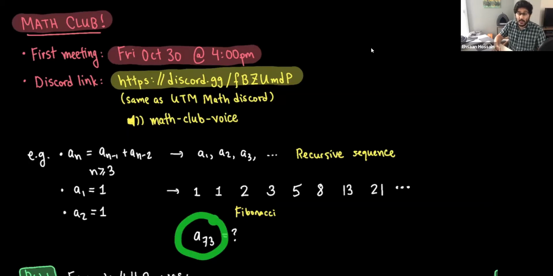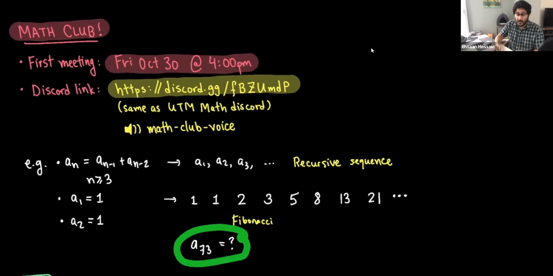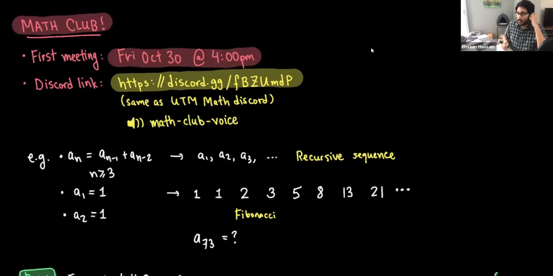That's really messy. It would be a lot nicer if there's a general formula that you could just plug 73 into and get the value of A. That would be a closed form. But we don't have a closed form. So that's the type of thing I want to talk about today.